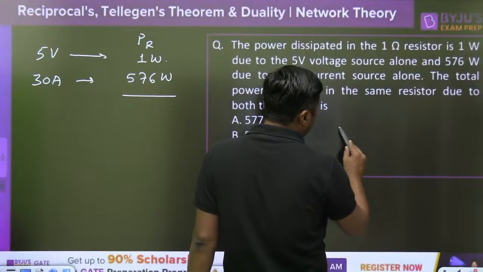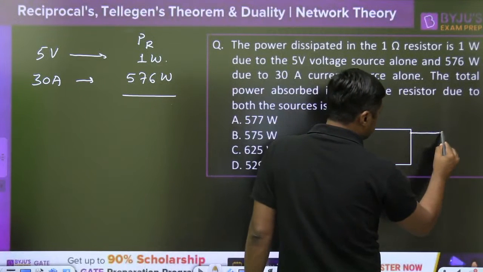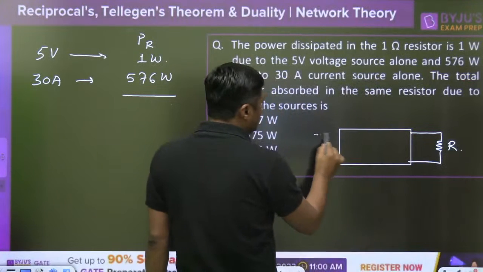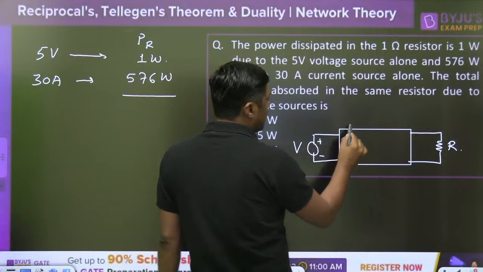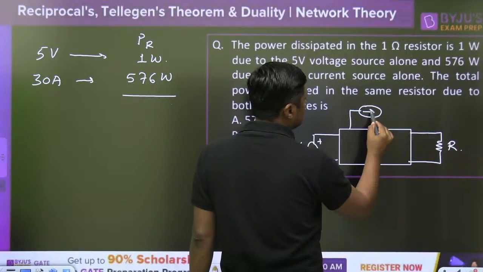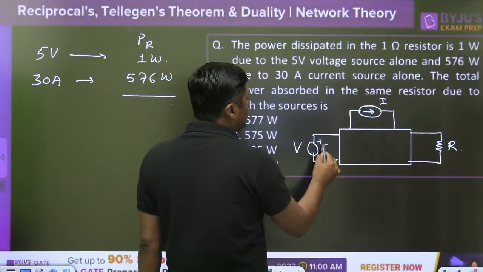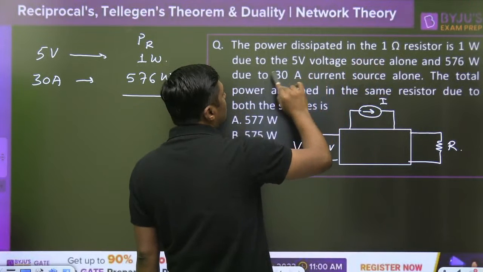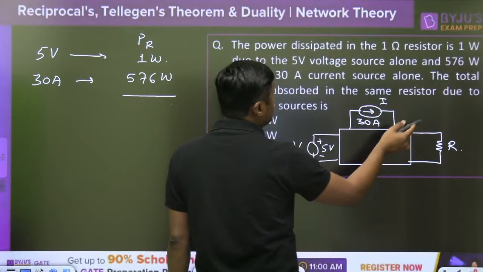If you want to draw the network, okay, this is the resistor connected here. This is the voltage source here. There is a current source here. Because of the voltage source of 5 volt, what is the power dissipation? 1 watt. And because of the current of 30 ampere, what is the power dissipation? 576 watt.